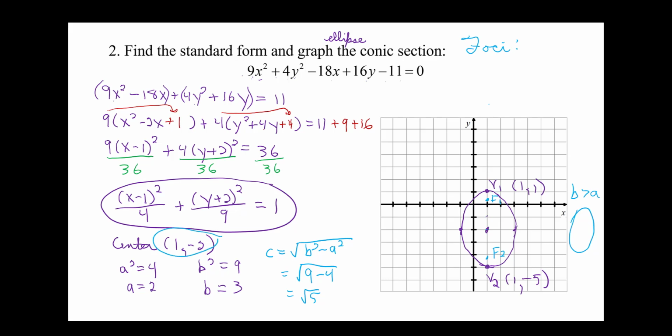So from the center, we'd stay at x equals 1, but we'd take negative 2, the y value of the center, and we'd add square root 5 to give us the first focus. We'd leave our x coordinate as 1 for the second focus, and we would take negative 2 minus square root 5.